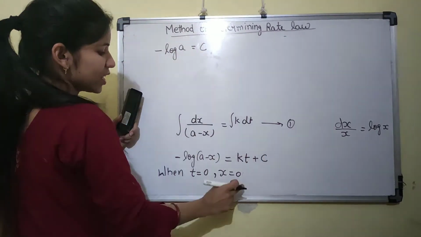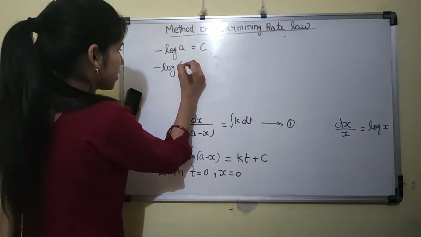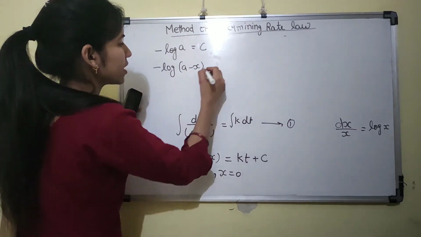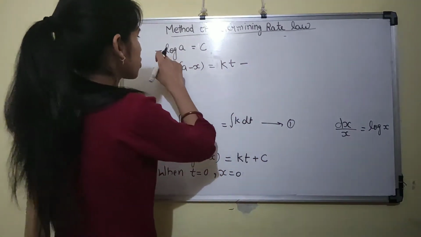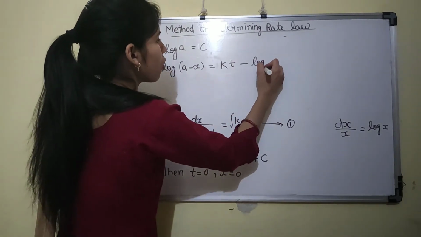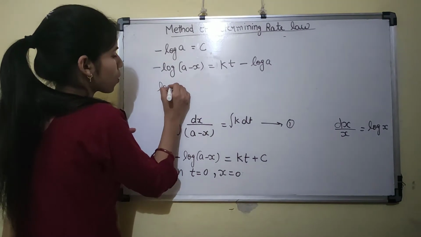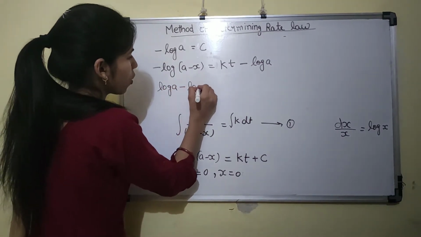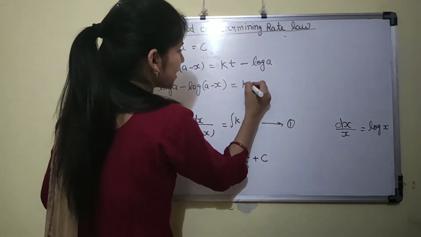Put the value of c in this equation, so minus log of A minus x is equal to kt plus c, where c is minus log of A. Rearranging this equation, log of A minus log of A minus x is equal to kt.